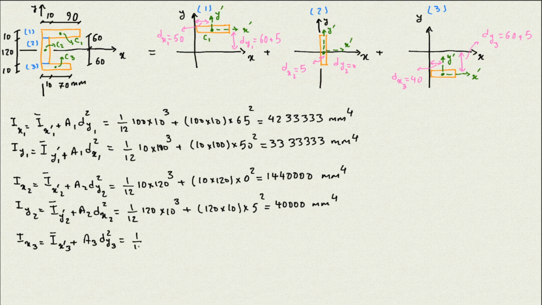So it's going to be 1/12, and the base is here 80 and the height is 10, so 80 times 10 cube plus the area, which is 80 times 10, and the distance between x prime and x is 65. So it's going to come out at 3,380,6666.